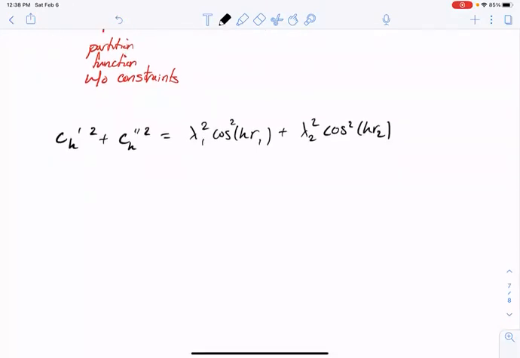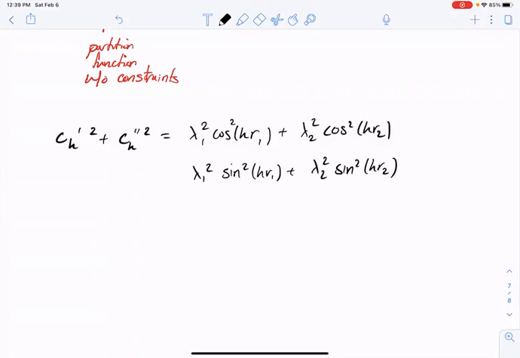I have from the c double prime lambda 1 squared sine squared k R1 plus lambda 2 squared sine squared k R2.